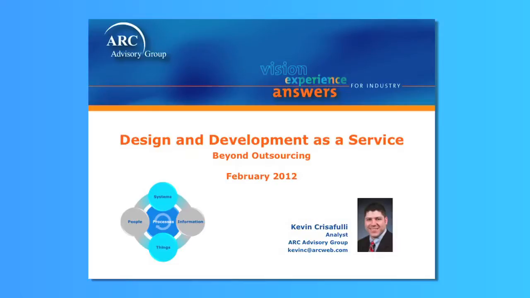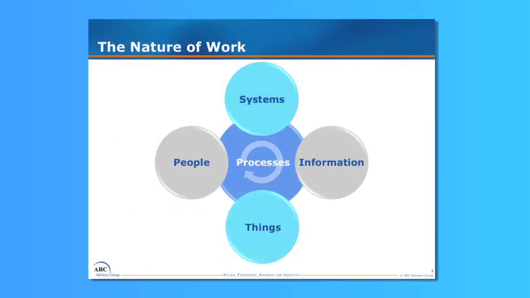We've already seen some of these slides, so I'll go through them quickly, but I think that they really set the stage nicely for this topic of design and development as a service. At the center of all of our work, we have our processes, and then we have 4 basic domains that impact these processes. You have the people that are actually doing the work, the systems, whether they're ERP systems or control systems, software that facilitate and monitor the processes.